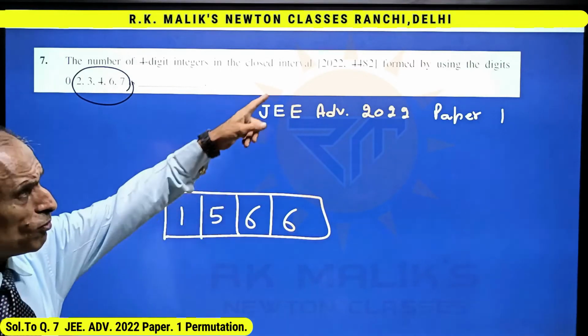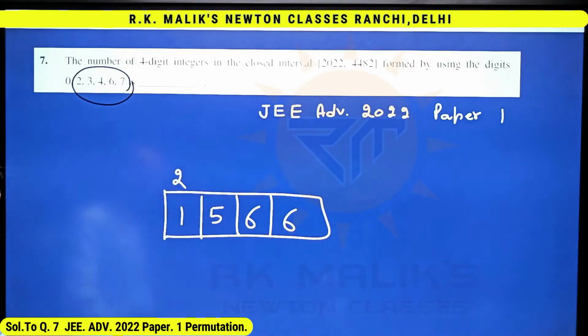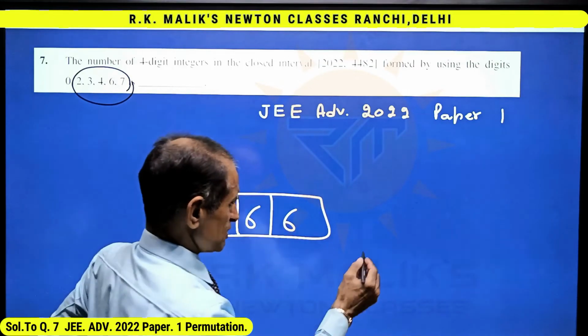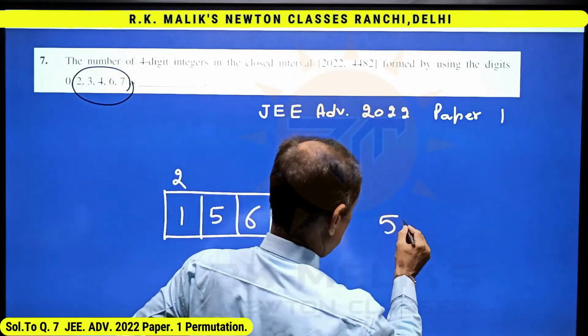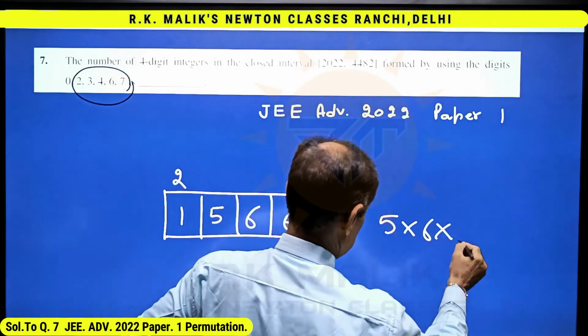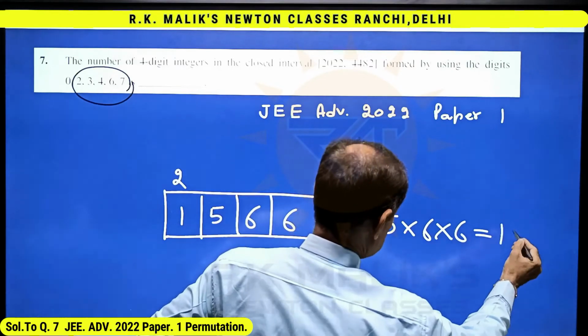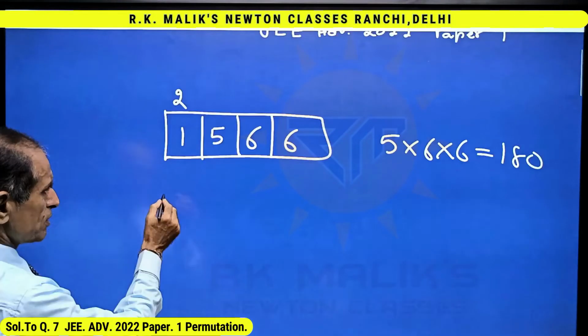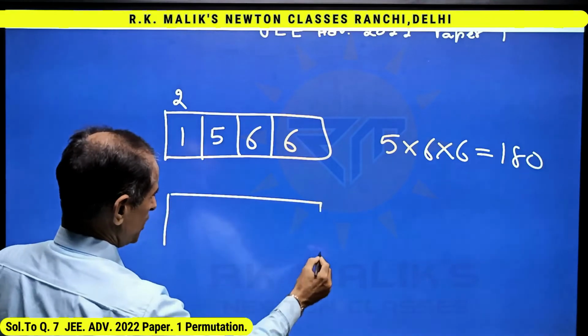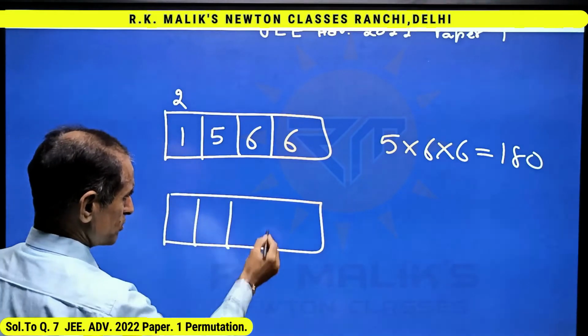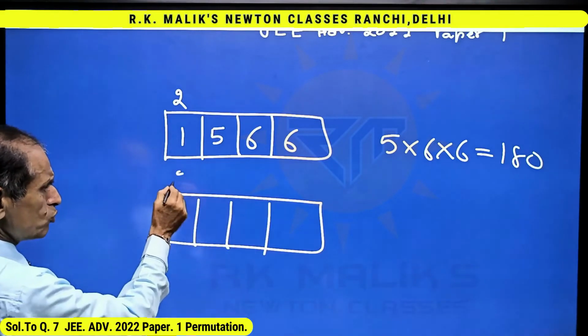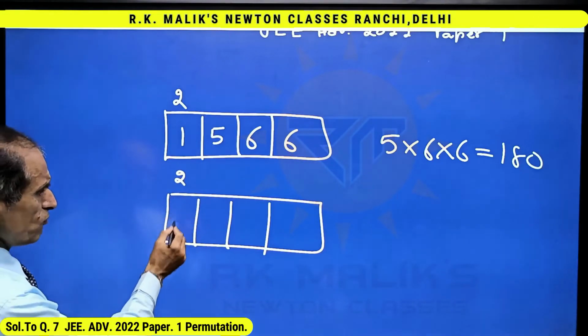Number found will be more than 2022. That is, the number of numbers is 5 into 6 into 6, that is 180.